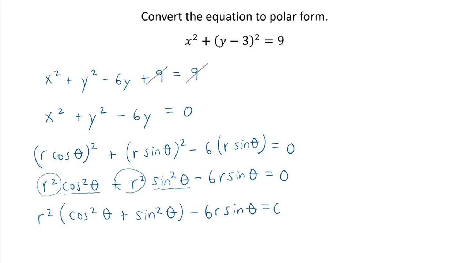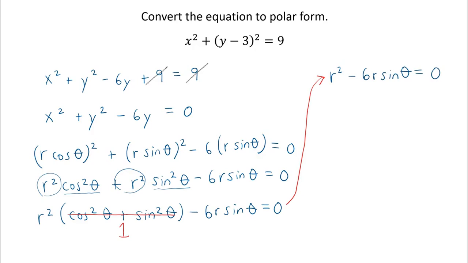And that's still equal to 0. And now I notice that cosine squared of theta plus sine squared of theta, well, that's a Pythagorean identity, and cosine squared of theta plus sine squared of theta is equal to 1. So really we have r squared times 1, which is just r squared. So now we have r squared minus 6r sine theta equals 0.